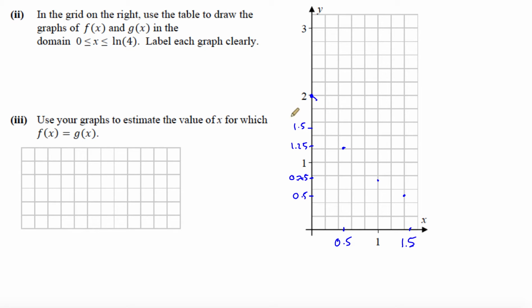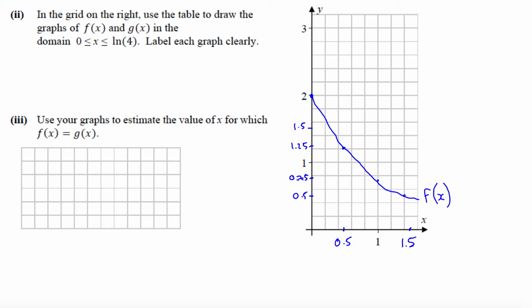This is tricky to do on this. So as smooth a line as you can. Mine's not going to be too smooth. There we go. And then you continue this on a little bit there. So that's going to be f of x.